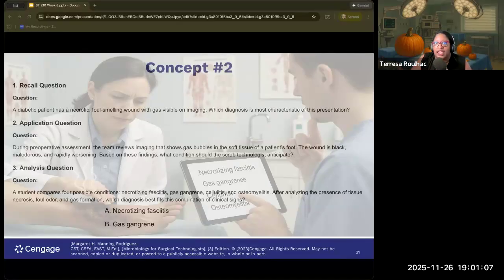Both of these are pretty close, but the question's asking for the best option. The NBSTSA does do that. So you have two options that are pretty close, kind of like 50-50. But here you would go by what is really the difference between necrotizing fasciitis and gas gangrene, and what the different questions are asking.